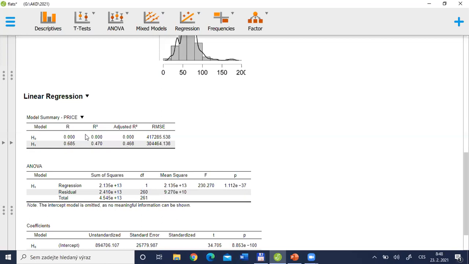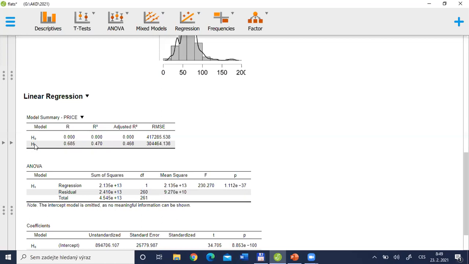The first model is automatically the model in which there is no independent variable. It is usually called a constant only model, sometimes null model, sometimes empty model. JASP automatically prepares this model for you as a comparative benchmark.